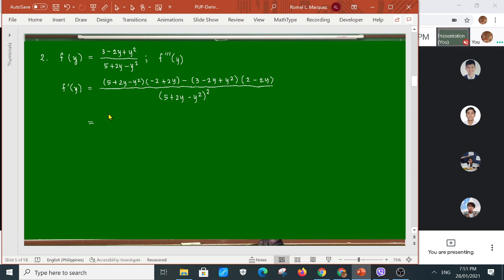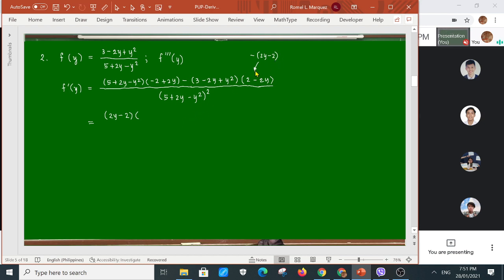They are opposites. Let's just factor out 2y minus 2. This means, children, the negative of 2y minus 2. Common na siya. Did you understand that, children?